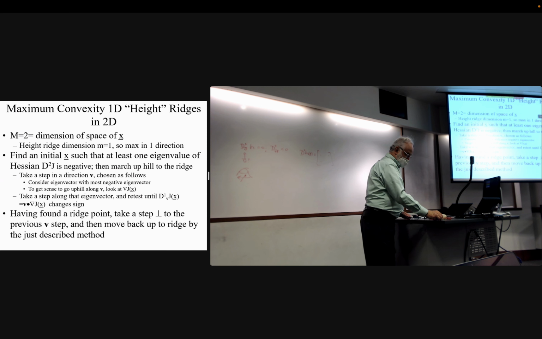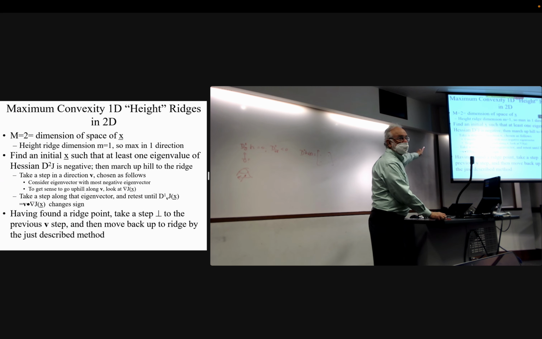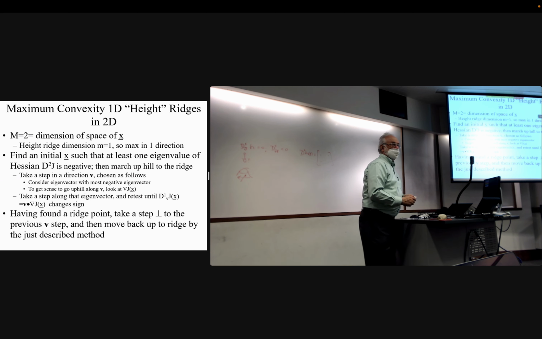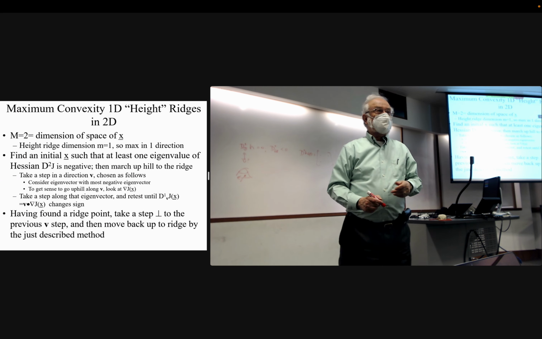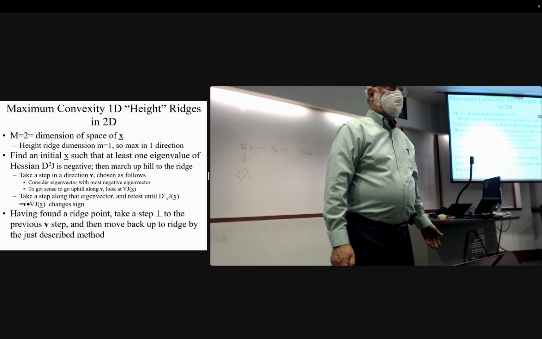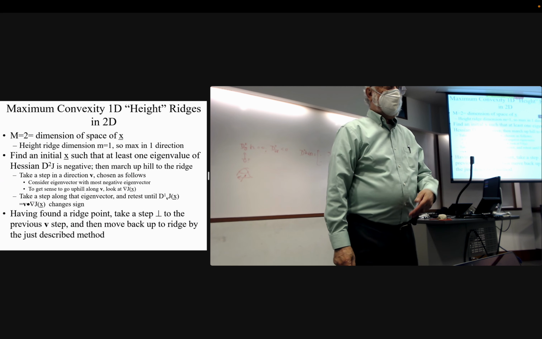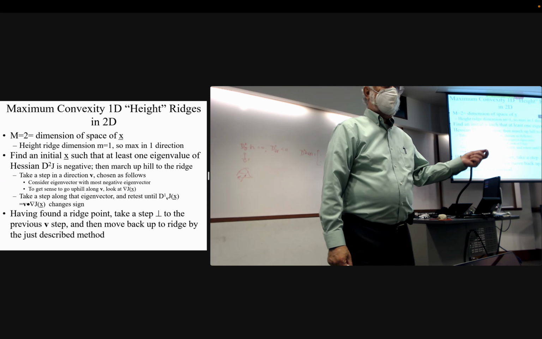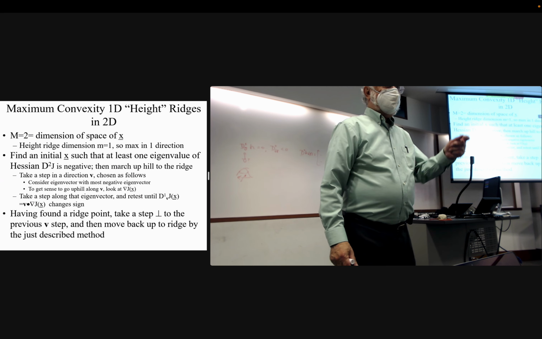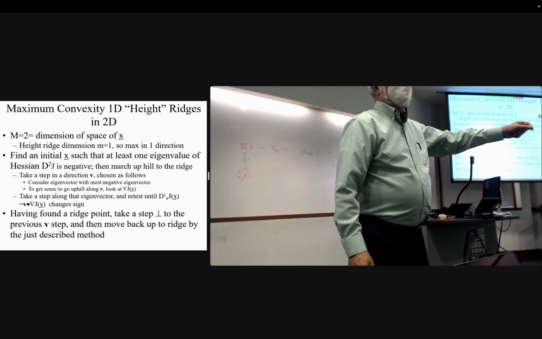We look a little bit in that direction. That'll let us more or less follow the ridge, but fall off it. And then we can climb back up using this algorithm. Find the second derivative, the Hessian there, find its eigenvector corresponding to the most negative eigenvalue, go uphill in that direction until we get back to the ridge.